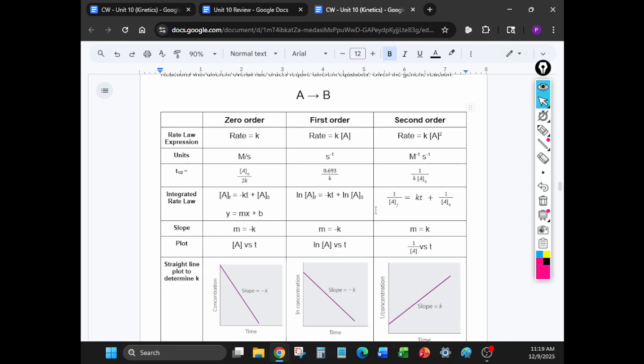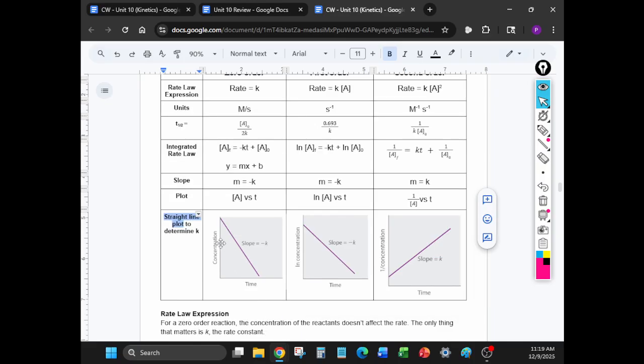Now, there is one component of these reaction orders that we didn't talk about, and it's called a straight line plot, okay? Basically what that means is that at different reaction orders, you can get a straight line for your graph if you change the measurement for your y-axis.